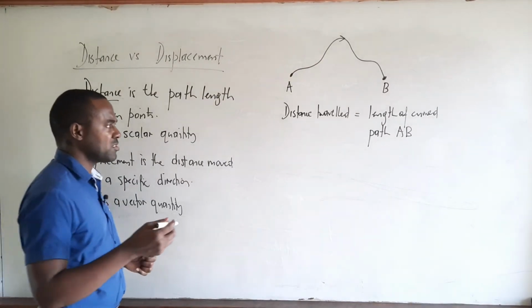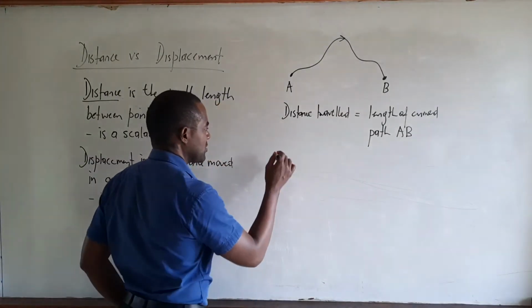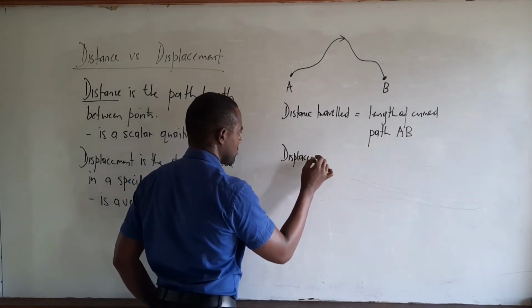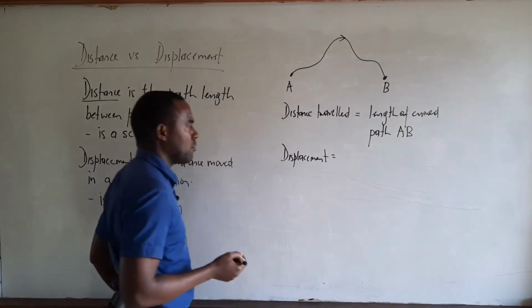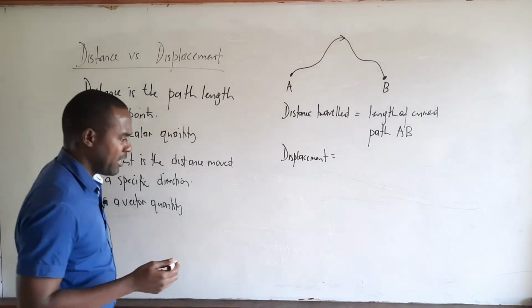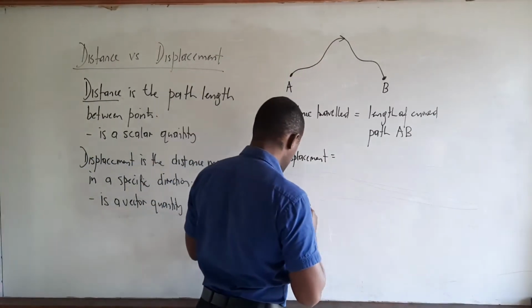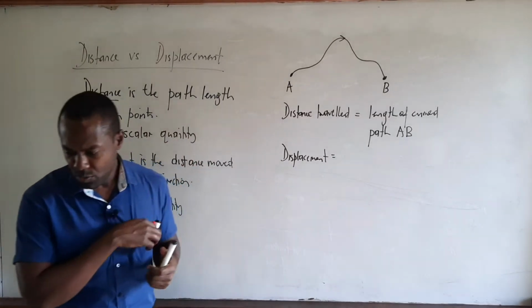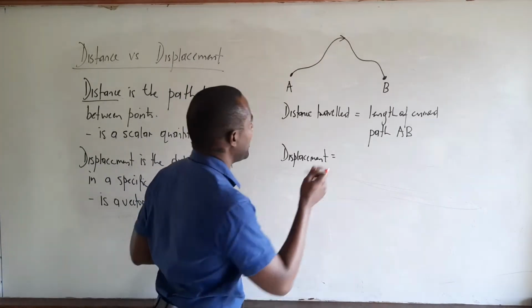However, suppose they wanted to find the displacement, the person's displacement. The displacement, however, would be the length of the straight line AB. And to just show that, the displacement would be the length of the straight line AB.